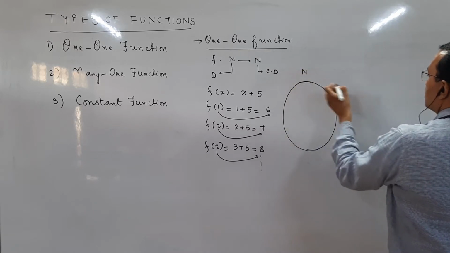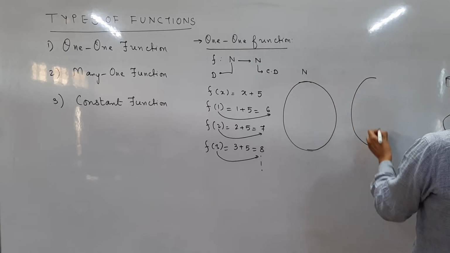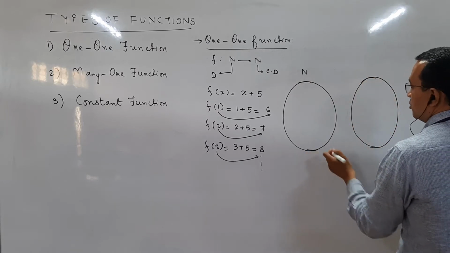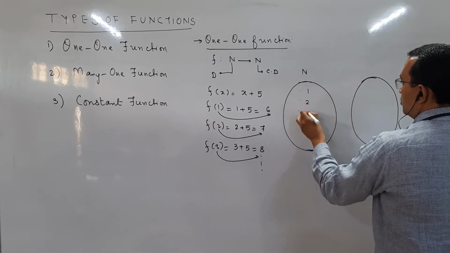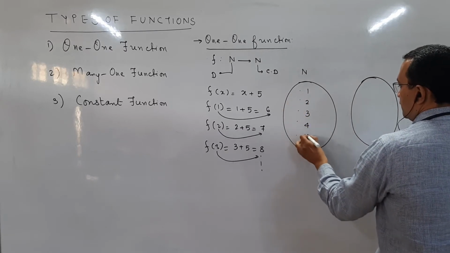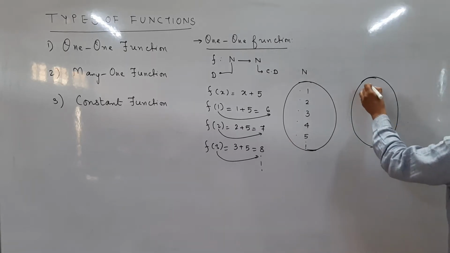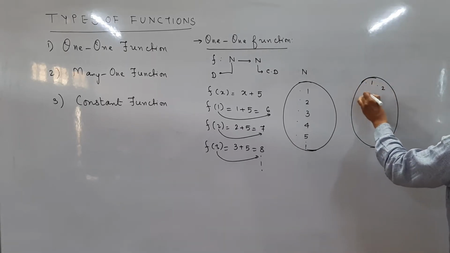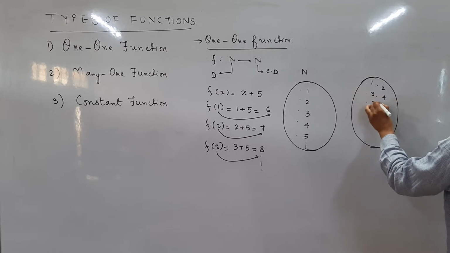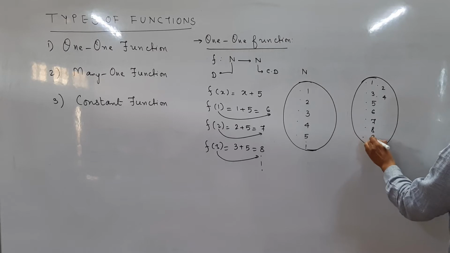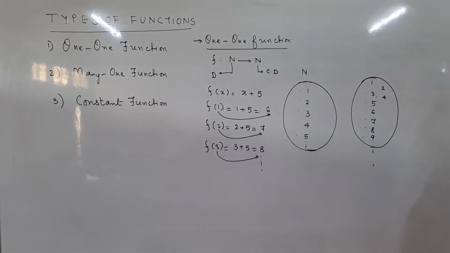This is domain, and say this is codomain. There are infinite elements in domain and codomain: 1, 2, 3, 4, 5, and onwards. Same way here we will have 1, 2, 3, 4, 5, 6, 7, 8, 9, and onwards.